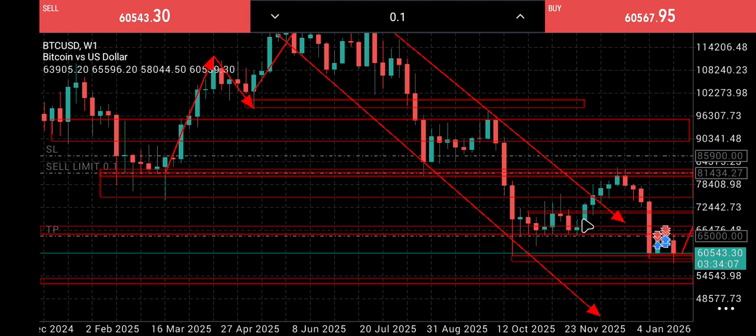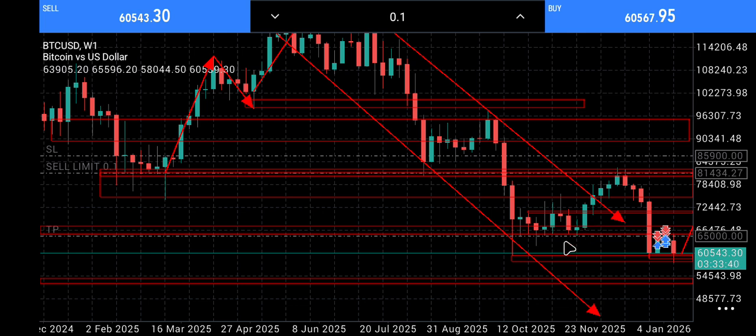After it we have a bullish candle with a big body. Actually, this is not an engulfing, it is just a close above, kind of.